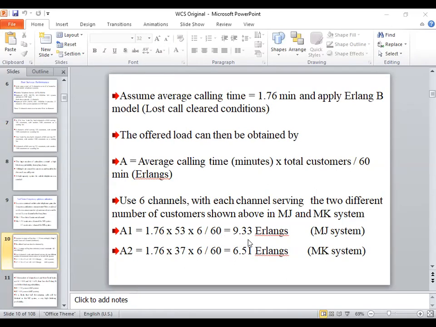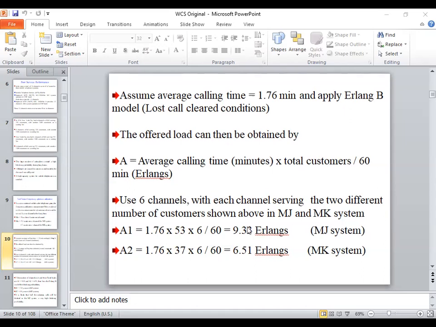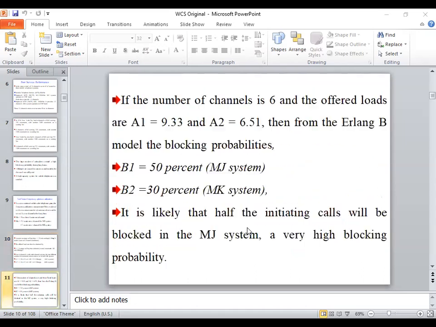Whereas A2 gives you 6.51 Erlangs in the case of your MK system. Now, what do these calculations tell us? If the number of channels is 6, the offered load is A1 is 9.33 and A2 is 6.51.